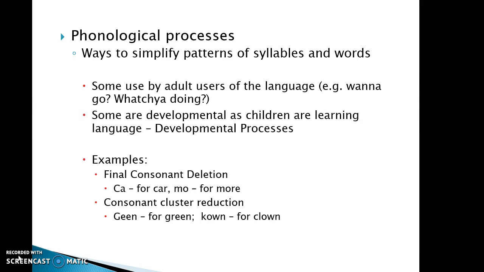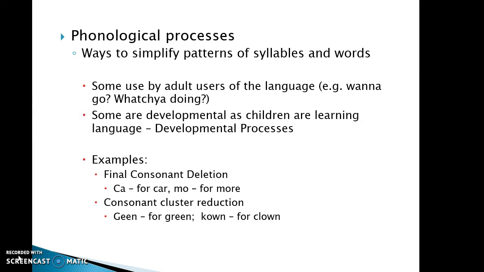Those are all ways that they're simplifying language to be able to manage it and utilize it and speak it more successfully, because the complexity of those sound sequences is too hard for these early developing immature systems.